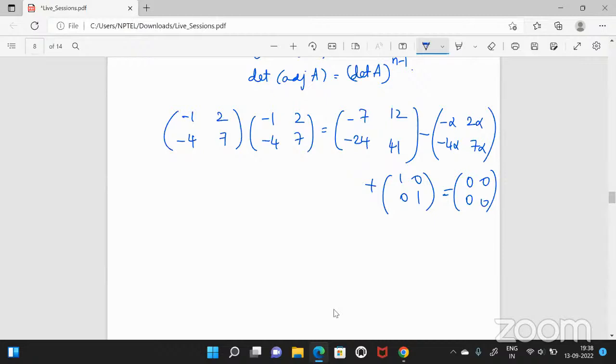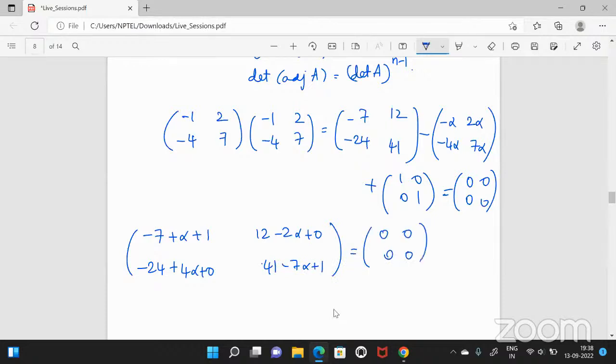It's all equal to 0, right? So what is the sum? Minus 7 plus alpha plus 1, 12 minus 2 alpha plus 0, minus 24 plus 4 alpha plus 0. Okay, you added all three matrices. This is equal to 0, 0, 0, 0. So you have to put any one entry to 0, you will get the answer.